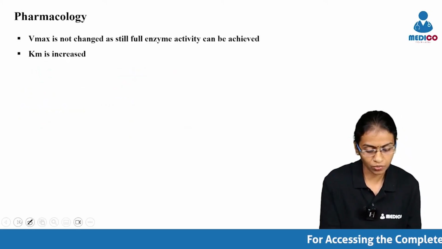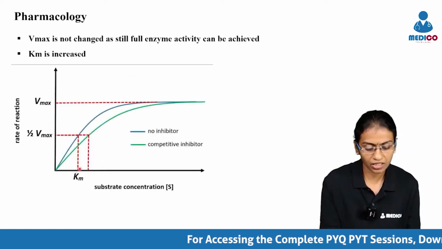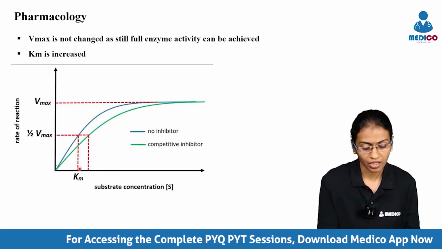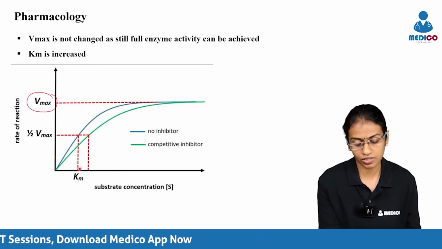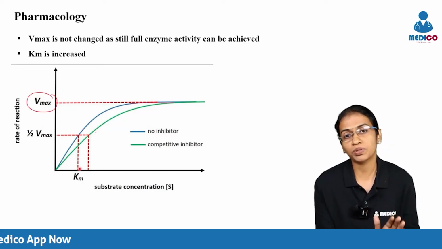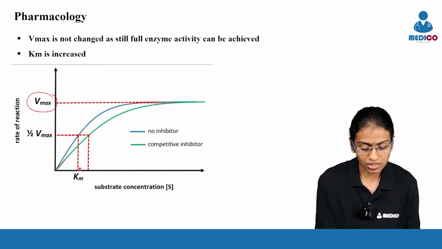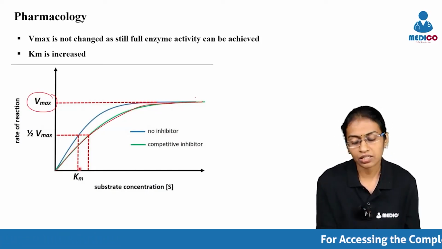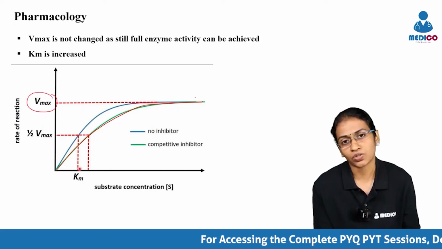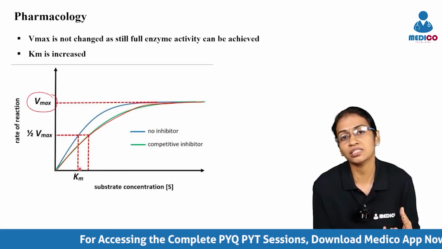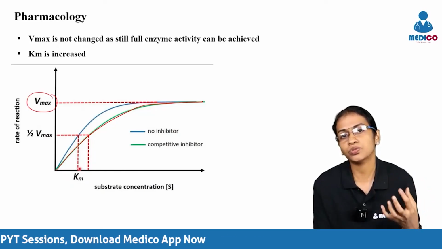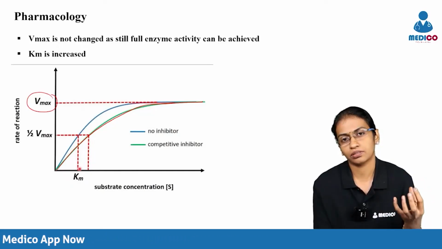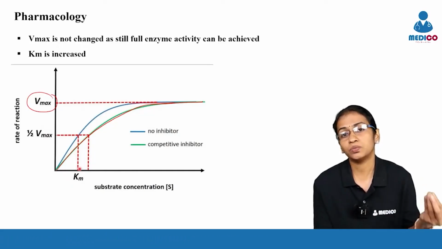When you are drawing a graph, what will happen? Vmax is the maximum reaction velocity. When you're giving a competitive antagonist, you can see that it still reaches the maximum velocity provided you increase the dose of substrate. If you increase the dose of the substrate, you can reverse the inhibition.